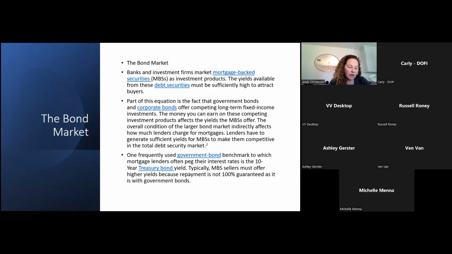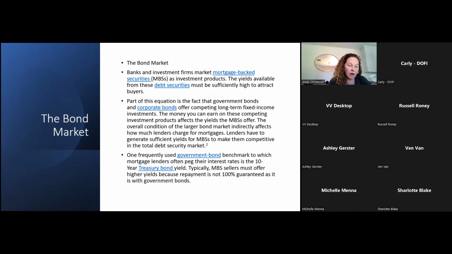There's risk involved with the bond market and being an investor in the bond market, and that's all taken into consideration too. It's a big dictator of which direction rates go. Again, they work similar to stocks and other investments. The more people are buying, the better interest rates are. The less people are buying and the more investors are pulling out of bonds, the higher interest rates go.